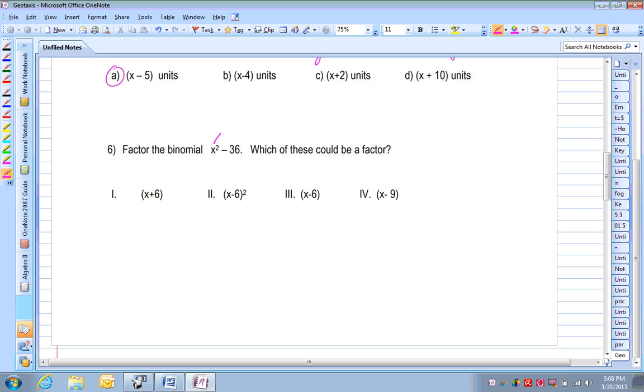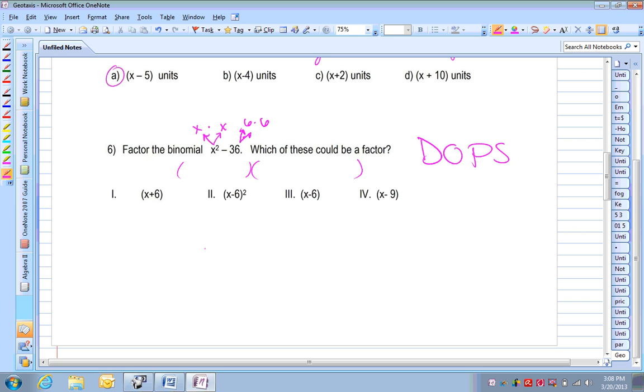Now we have to see if x squared is a perfect square. Well, it is, because x squared is x times x. And 36 is 6 times 6. So we have 2 perfect squares being subtracted from one another. So now I know I'm going to use DOPS on this. And when we do that, we set up 2 sets of parentheses.